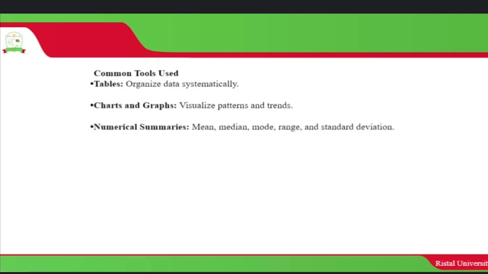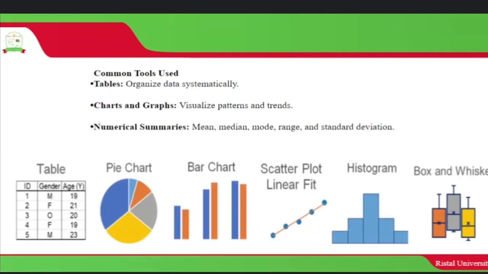We have charts and graphs that help you visualize the patterns and trends in the data. We may have pie charts, bar graphs, histograms, box plots, scatter plots, among others. There are so many, depending on the nature of the variables that you want to describe and the nature of the data that you want to describe.